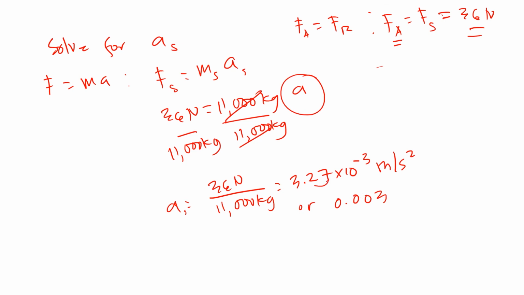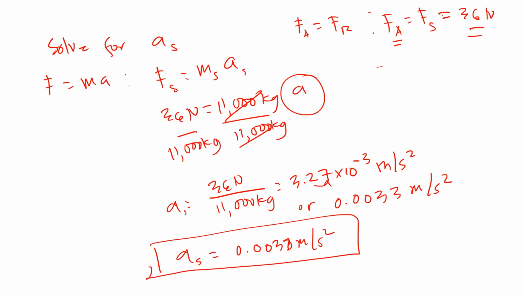You round off this one into that, so 0.0033 meters per second squared. So the acceleration of the spacecraft is equal to 0.0033 meters per second squared. So the answer for this problem, for the acceleration of the spacecraft, is this one.